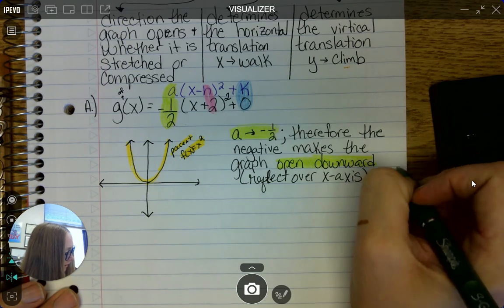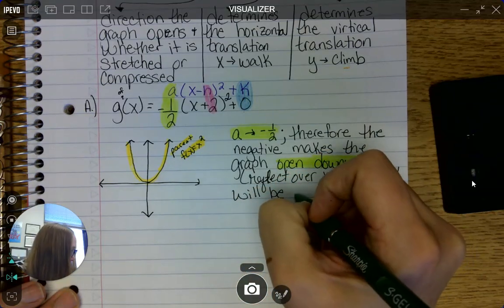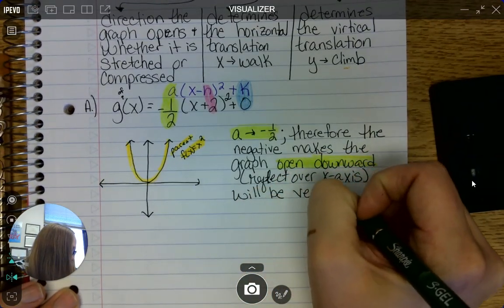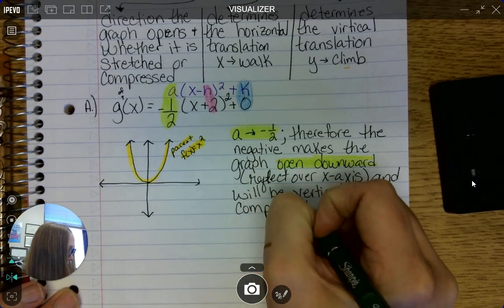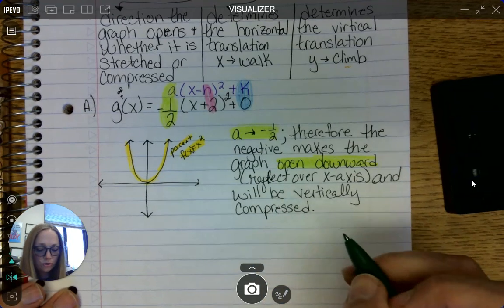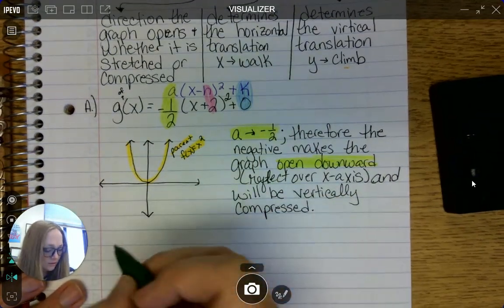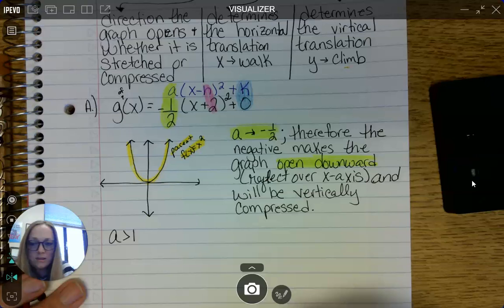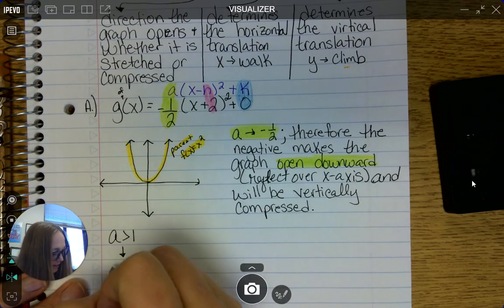The second is, I'm going to add this, it will be vertically compressed. And how do we know that? Okay, and we're going to write this quite a bit as well. A compress means that your A value was less than 1, and if it's stretched, it's greater than 1. If A is greater than 1, that's a vertical stretch.